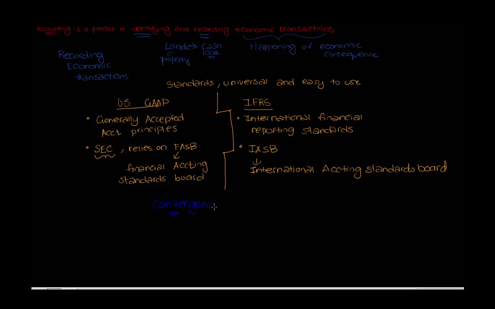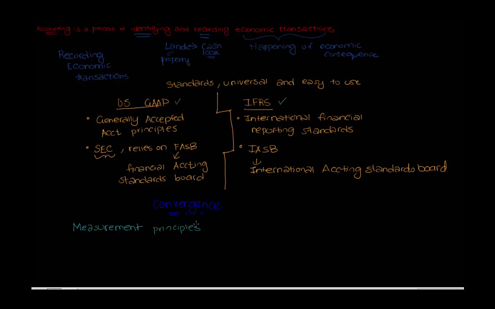This has been called convergence. While this has been widely successful in some areas, a lot of progress still needs to be made in other areas. So now that we know about the two most common types of standards, we're going to move on to the measurement principles, which are key in order to record economic transactions.